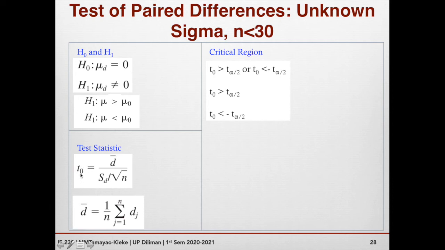So your test statistic here is equal to the mean difference divided by the standard deviation of the difference over square root of n. And you know that the mean of t is just equal to this expression here. These are the corresponding critical regions. Again, this should be alpha. This should be alpha.